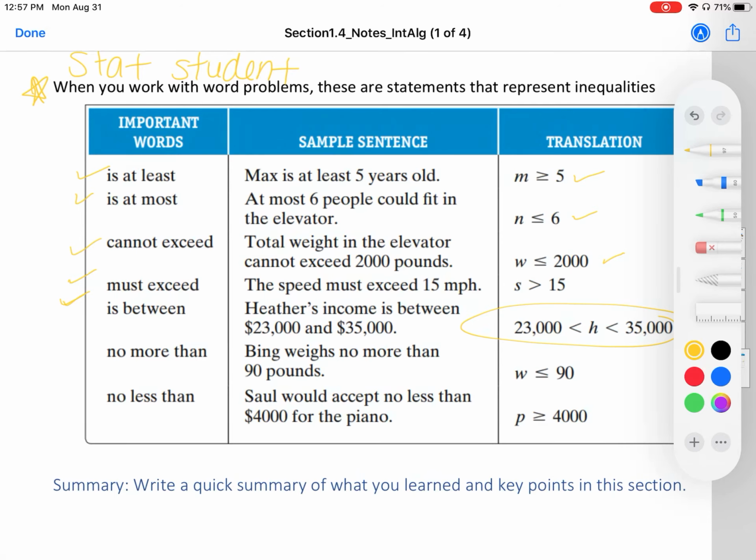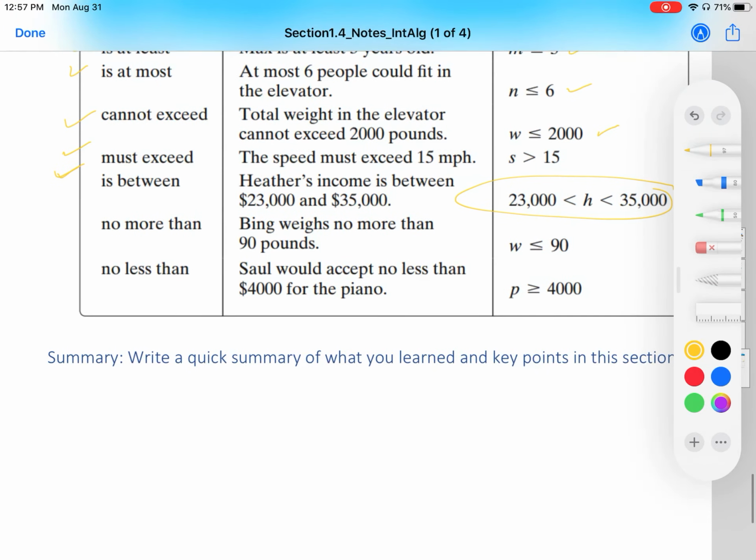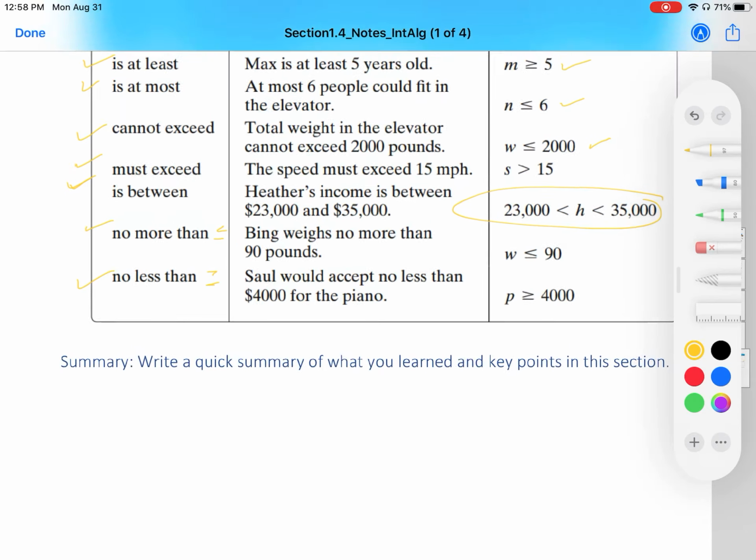Must exceed is different from it is between. No more than is less than or equal to, and no less than is greater than or equal to. This is important, especially those last two. I always see my students getting caught up on those phrases. So make sure you take a moment to just consider them, take them in for a moment.